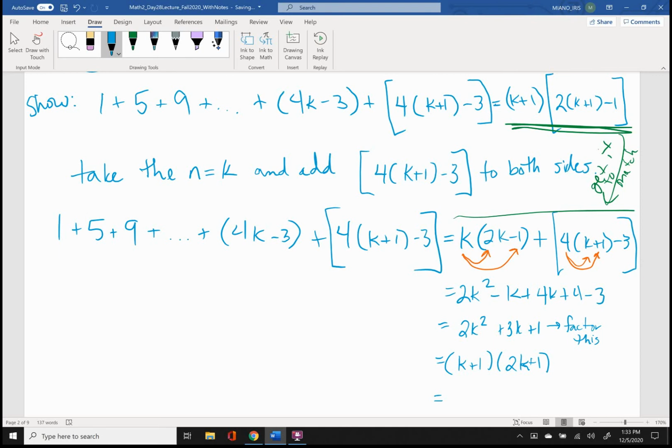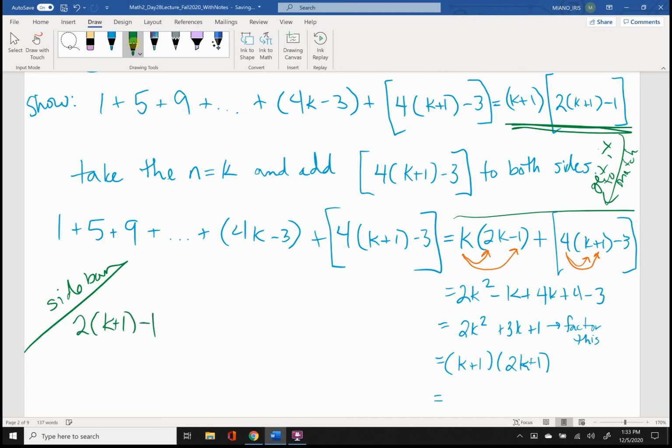here in this bracket we have 2 times the quantity k plus 1 minus 1. Now check this out. If you were to distribute this through and combine like terms, you would get this 2k plus 1 quantity that we have right here. So it's just a matter of recognizing that this is actually already equivalent to this, and we can just say they're equal to each other. Let me prove it to you over here in green with a little bit of a sidebar. 2 times k plus 1 minus 1.